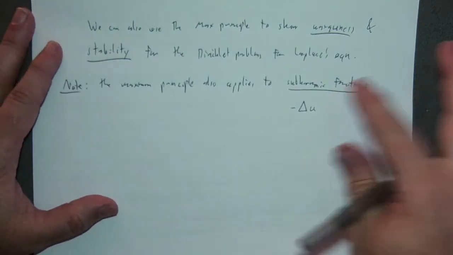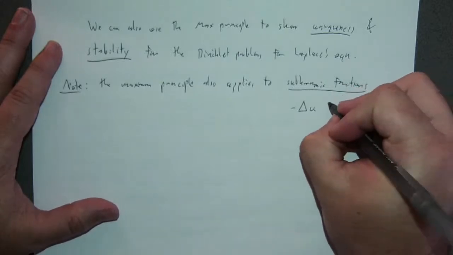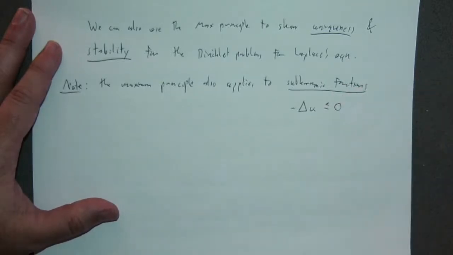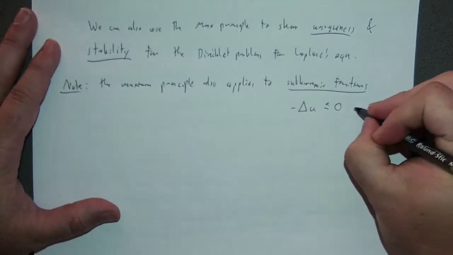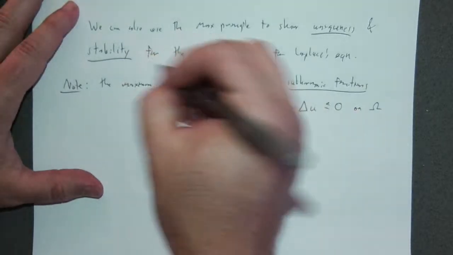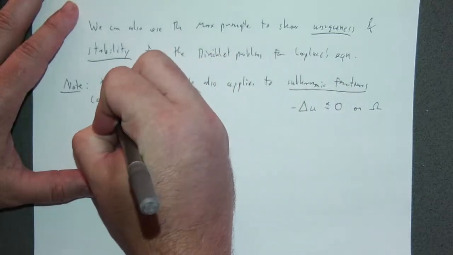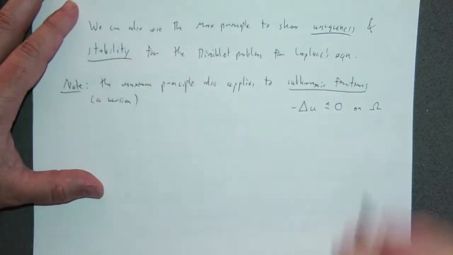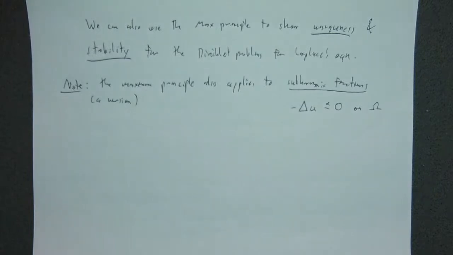So it's called subharmonic if minus the Laplacian of u is less than or equal to 0 on a whole domain omega. These are called subharmonic functions. So a version of the maximum principle applies to subharmonic functions.